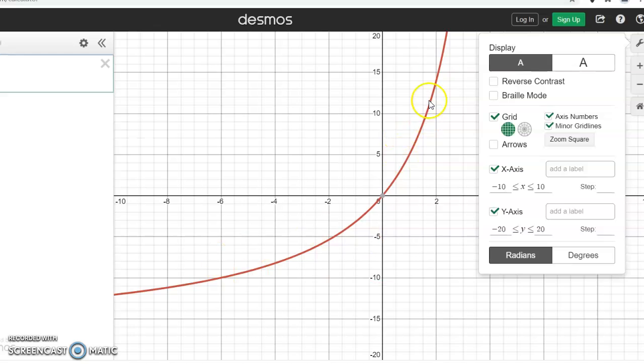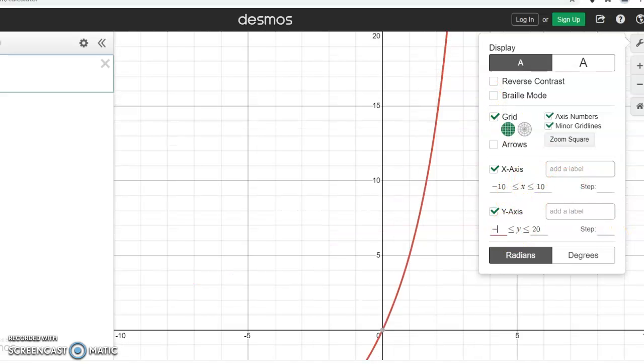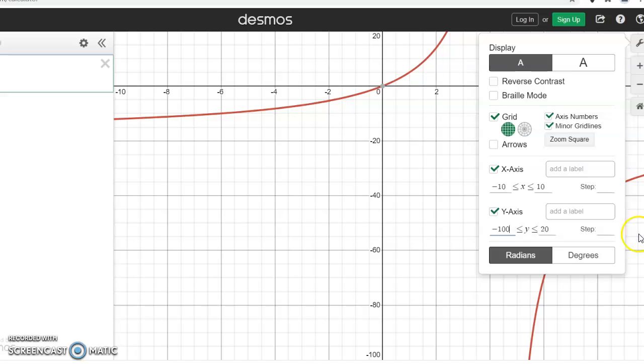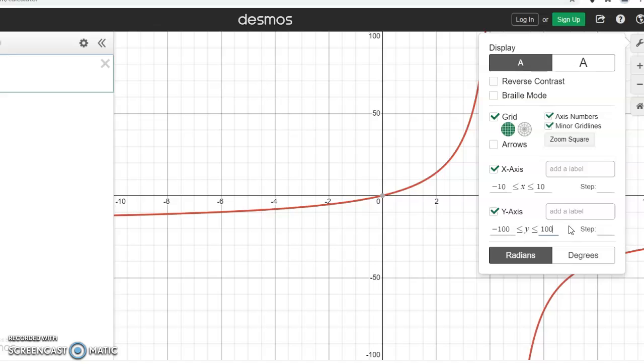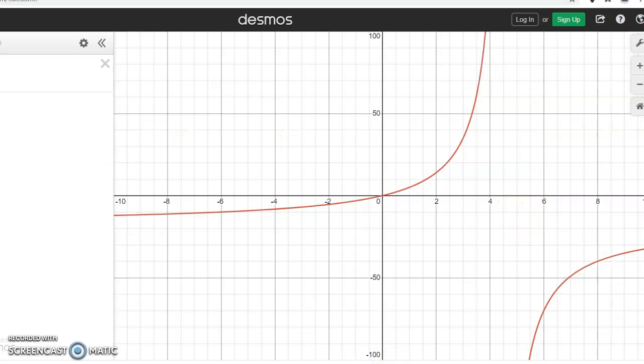I'm still only seeing part of the graph, so let's go bigger, -100 and +100. And now I see the right-hand side of that graph popping up. And now that I can see that, let's notice that 9/2 is right in here.